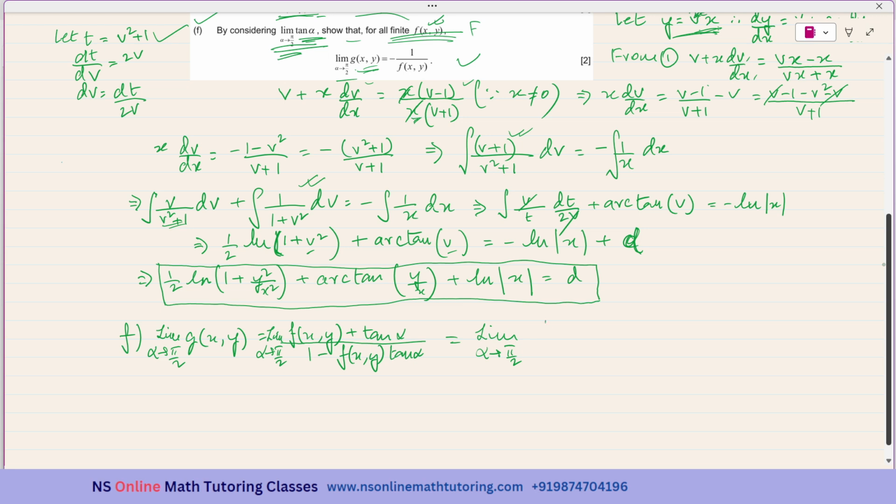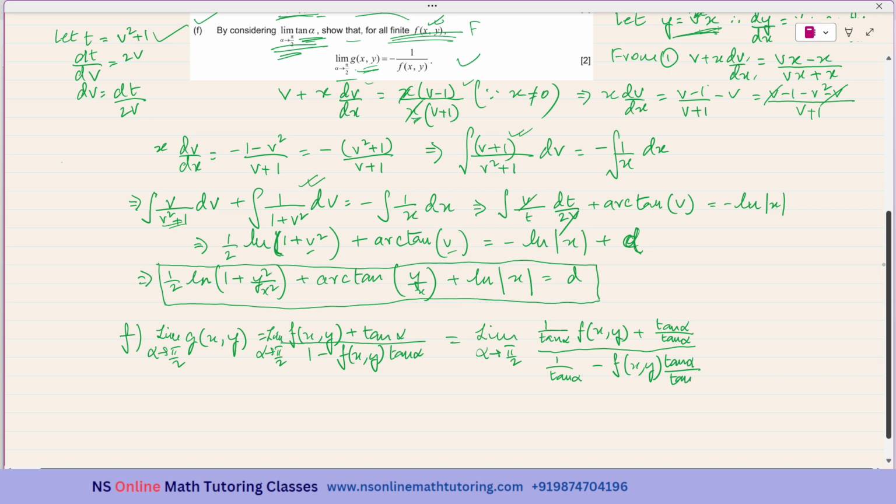So this is 1 over tan alpha times f of x comma y plus tan alpha over tan alpha, divided by 1 over tan alpha minus f of x comma y tan alpha over tan alpha.